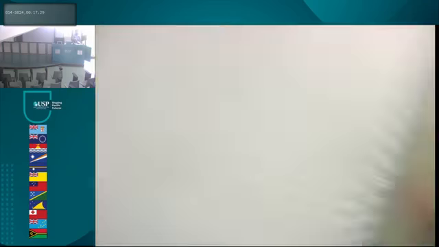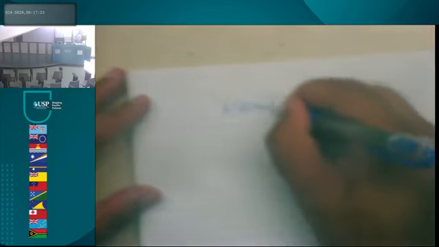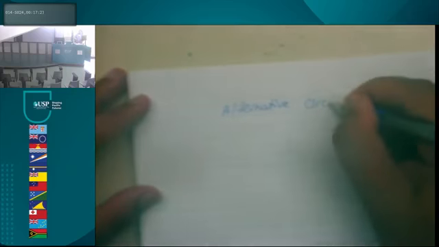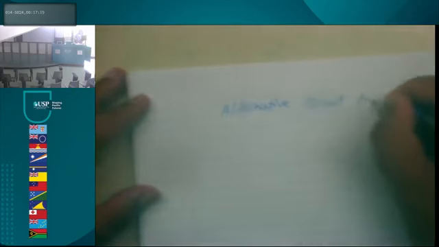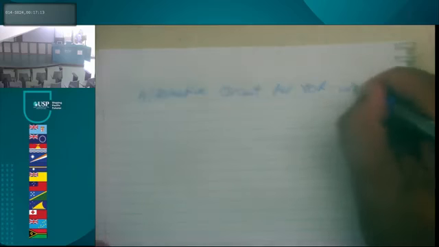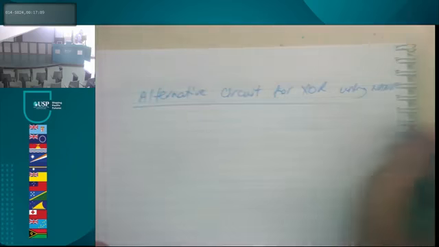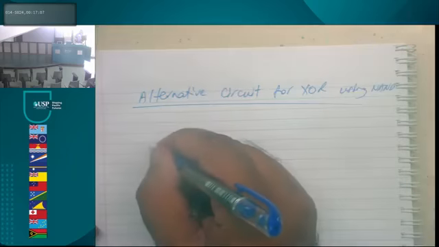Okay. Now this is another one. Alternative circuit for XOR using NAND. I want you to take into account this one here.